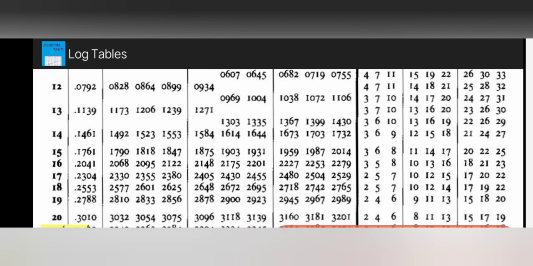In 0, value is 0.3010, and again there is no column of 0 here, so don't add anything. So logarithm of 20 is this value 0.3010.